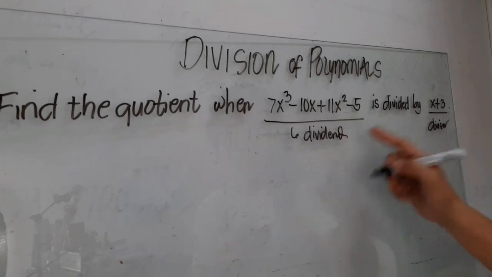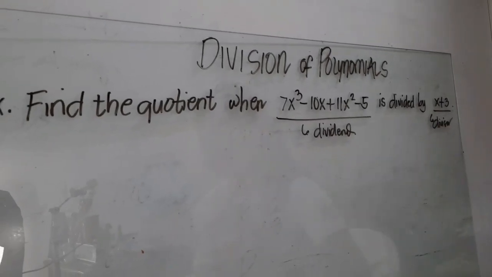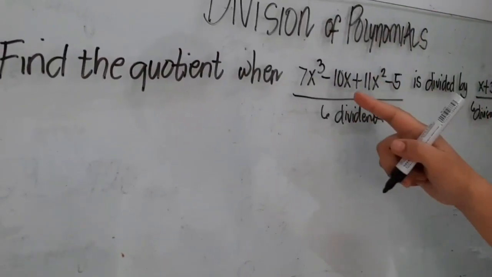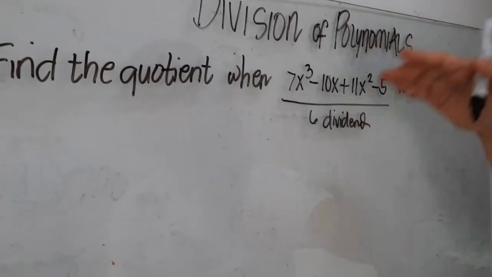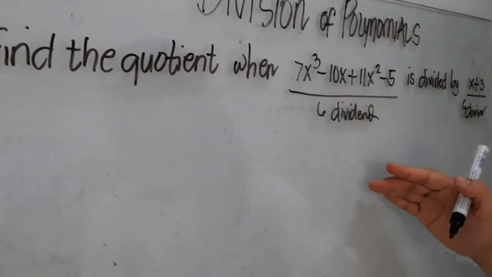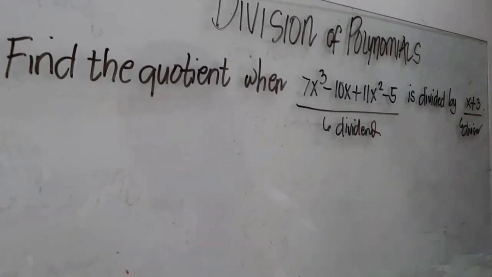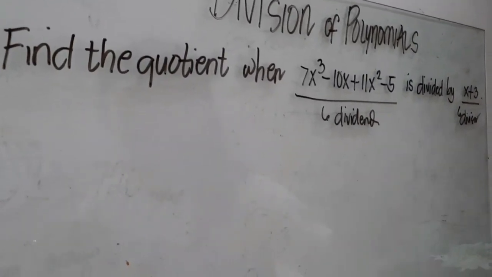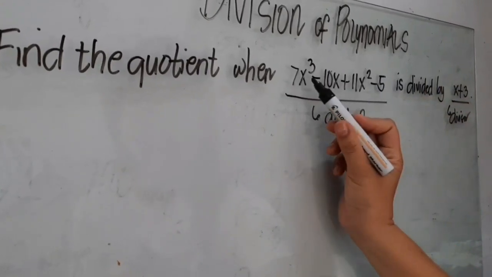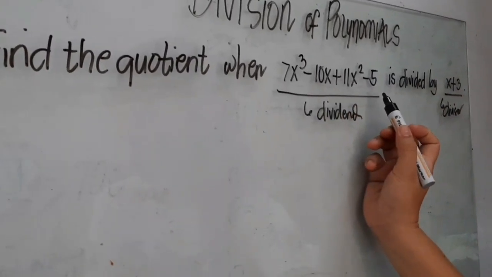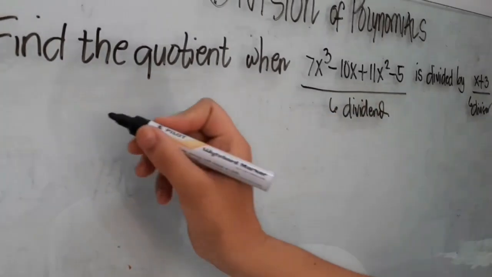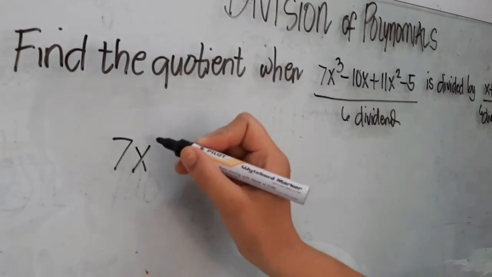So our dividend should be written in standard form. It should be in decreasing powers of exponent. Meaning, the value of the exponent decreases by 1. So, in this case, we start with the term with the highest exponent of the variable.